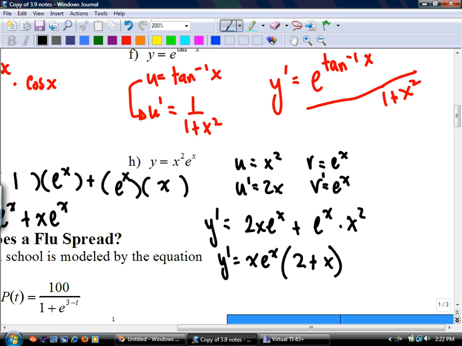Can anybody generalize a formula for x to the n e to the x? Everybody look at G and then look at H and say that, hey, Mr. App, they're kind of the same question. Can anybody generalize a rule?